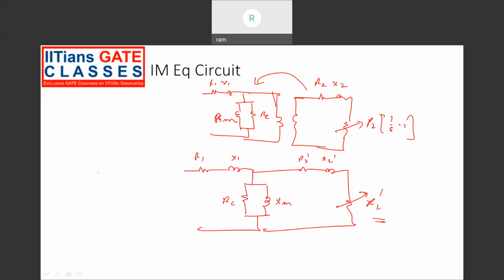Here R2 dash is equal to R2 by K square, X2 dash equal to X2 by K square, where K is equal to rotor turns per phase into rotor winding factor KWr, over stator turns per phase into stator winding factor.